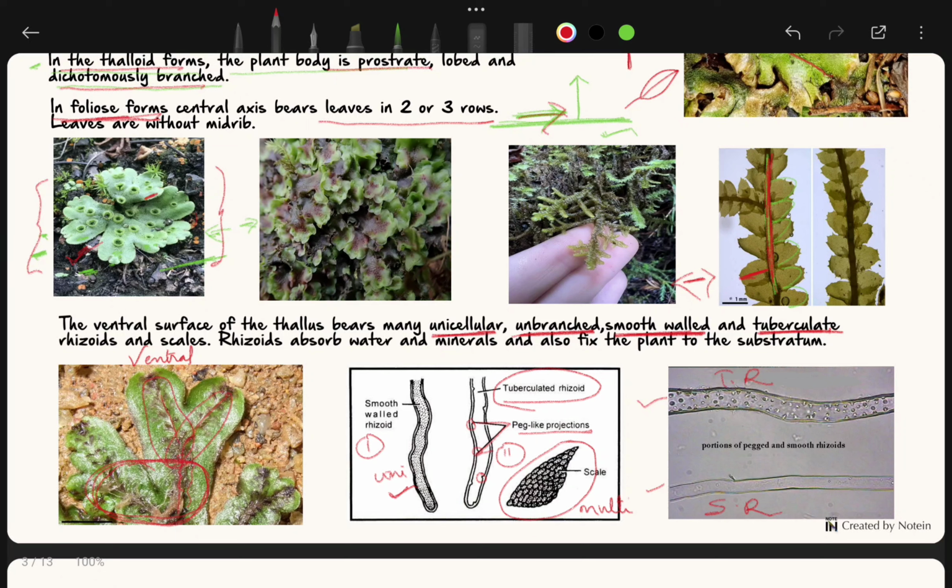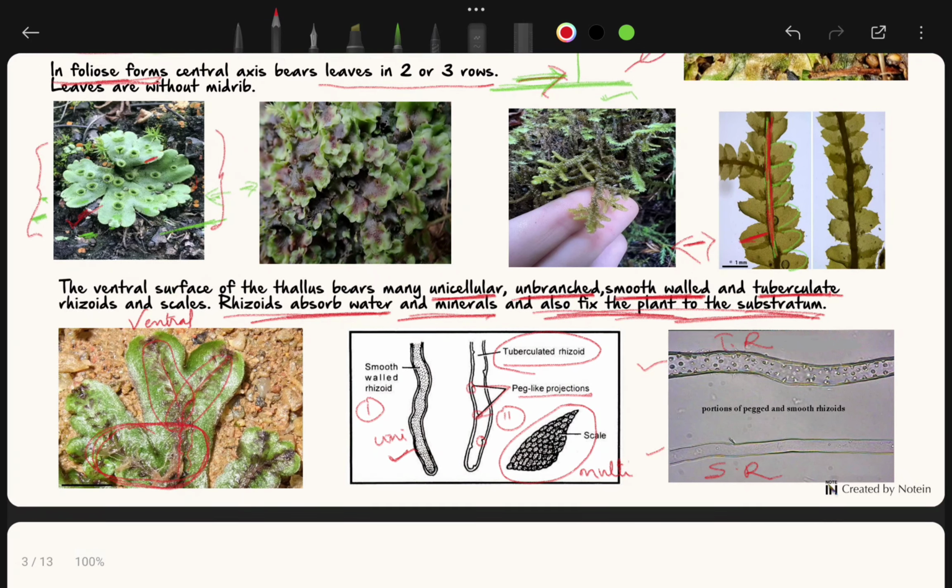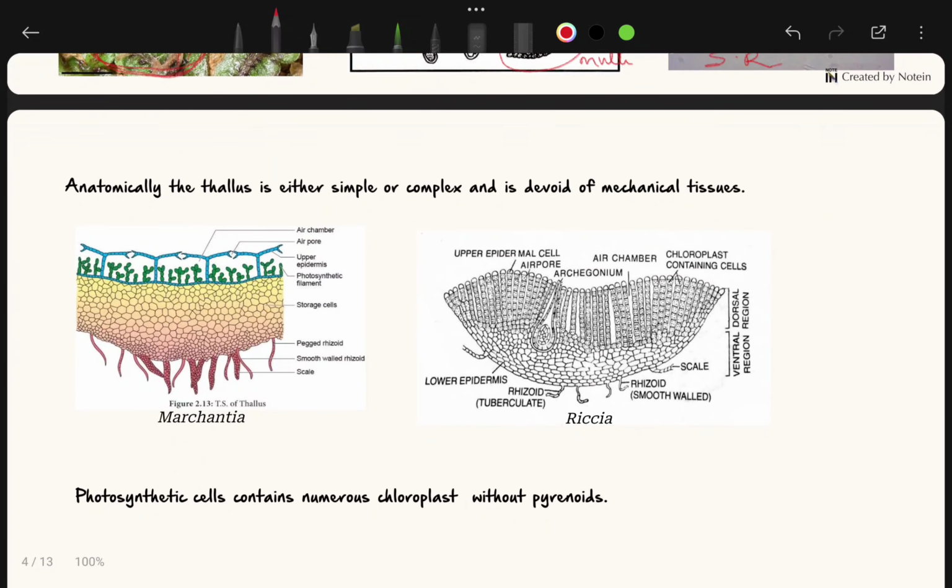So the rhizoids are known to absorb water and minerals, and they also help to anchor the plant to the substratum. So if the plant is growing in the soil, the plant will hold on to the soil with the help of rhizoids. If they grow on rocks or tree barks, they will anchor to the substratum with the help of rhizoids.